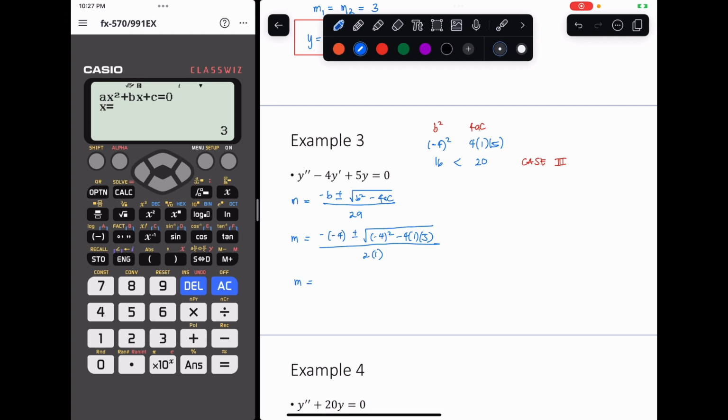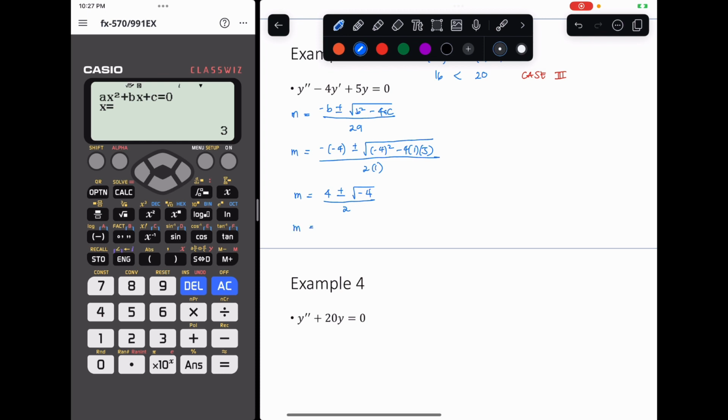So our m would be 4 plus and minus the square root of 4 squared, which is 16, minus 20. 16 minus 20 is negative 4, all over 2.